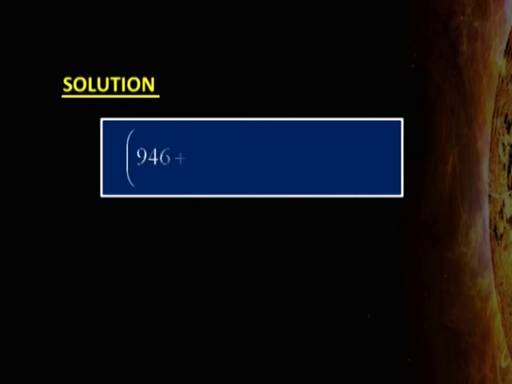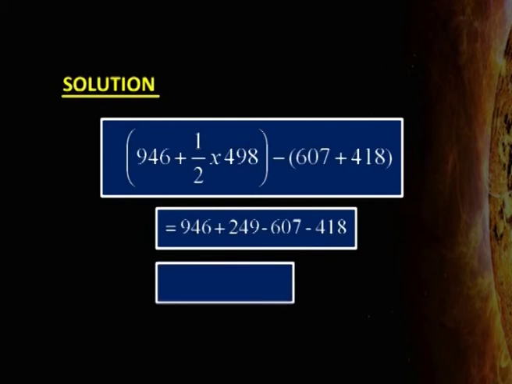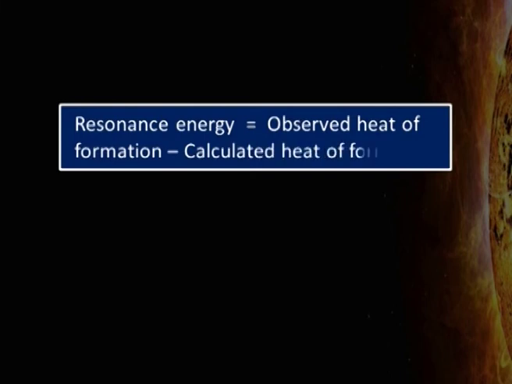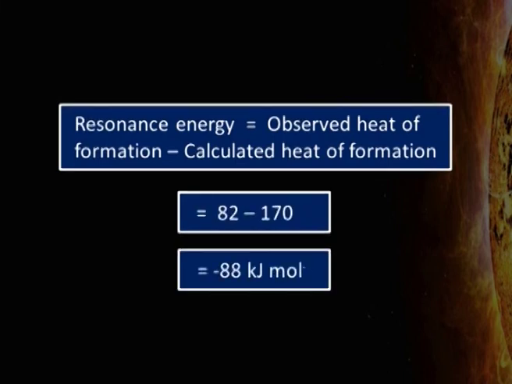That is 946 plus half into 498 minus 607 plus 418, which will be equal to 946 plus 249 minus 607 minus 418, which is equal to 170 kilojoules per mole. Now, resonance energy will be equal to observed heat of formation minus calculated heat of formation. Therefore, resonance energy will be equal to 82 minus 170, equal to minus 88 kilojoules per mole.